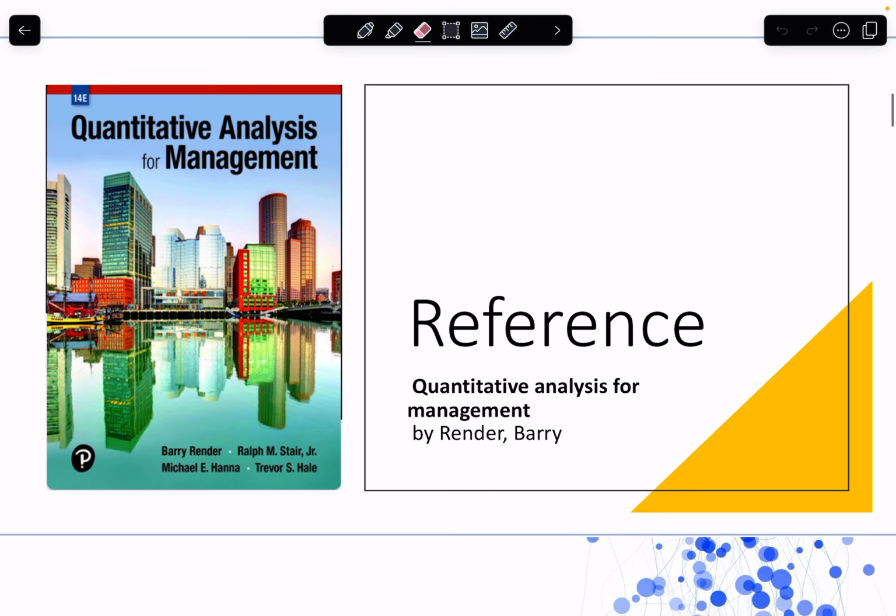For our reference, although there are a lot of available resources, in particular we will use the book of Barry Render, Quantitative Analysis for Management.